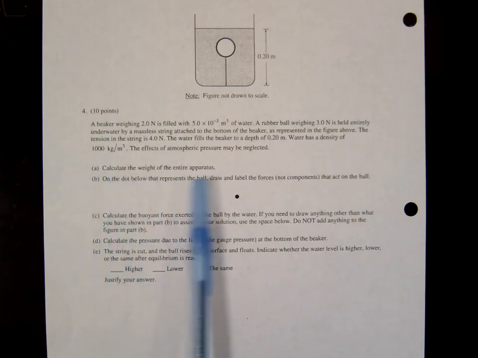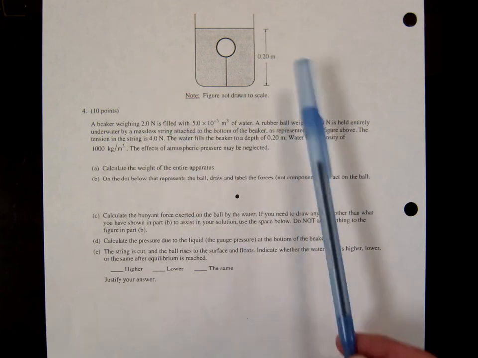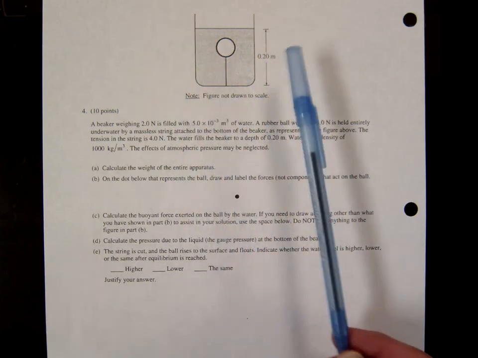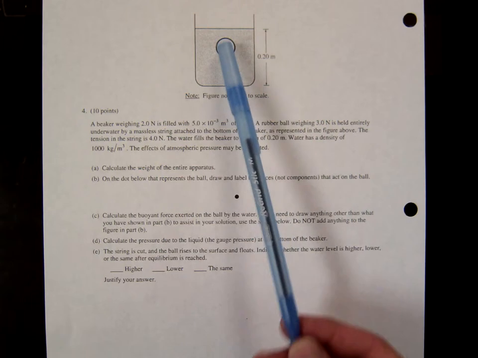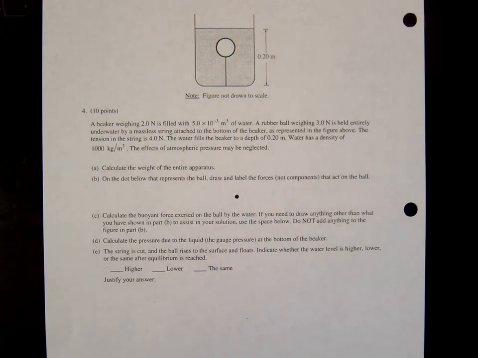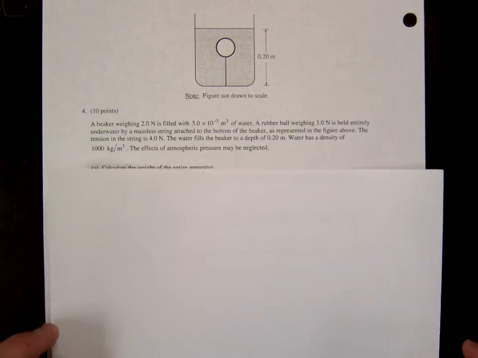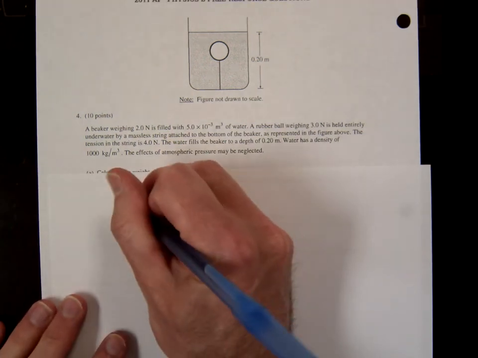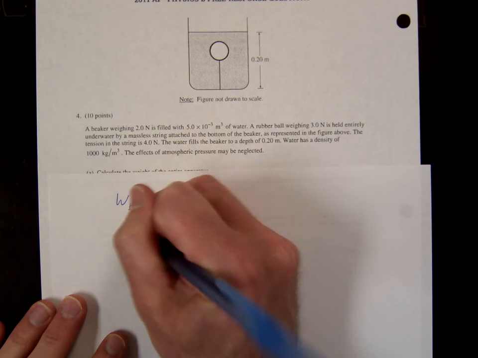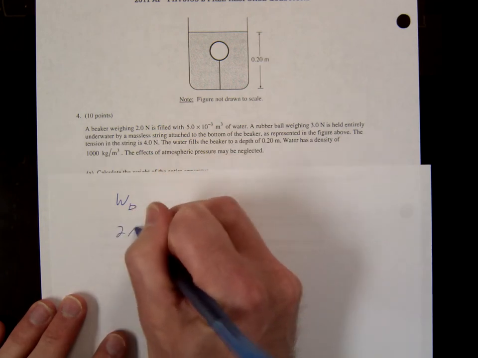So calculate the weight of the entire apparatus. The weight of the apparatus, the whole thing, should be the weight of the beaker plus the weight of the water plus the weight of the ball. So just the sum of all three of those things, right? The weight of the beaker, do we know that? 2.